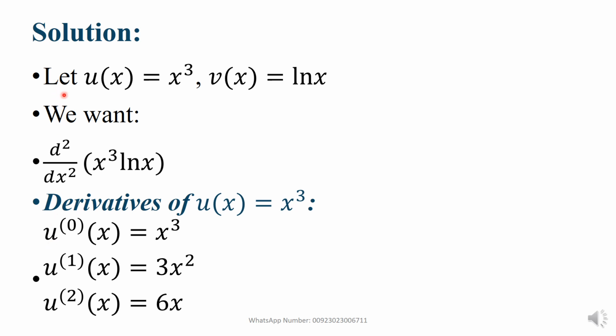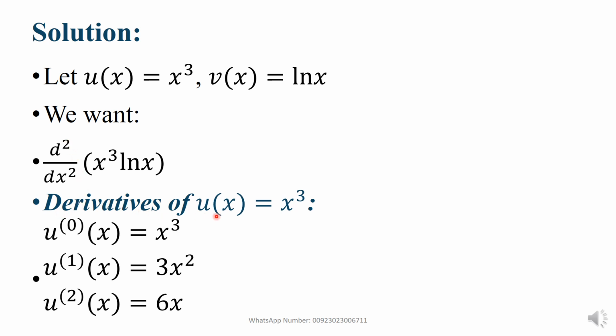Now we solve u(x) equal to x power 3 and v(x) equal to ln x. We want d square upon dx square of x power 3 ln x, because according to your question, the second time derivative means you write 2. If given third time, then you write 3.